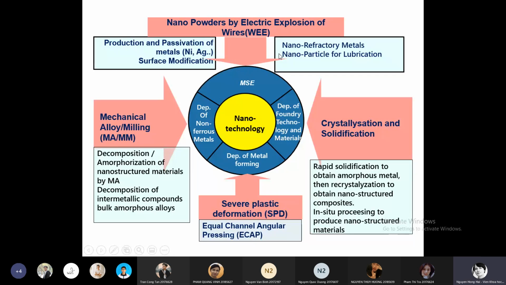So these are the routes to obtain nanostructured material in our institute.